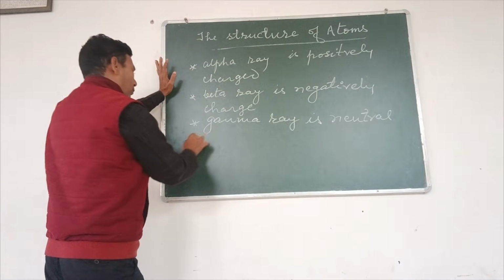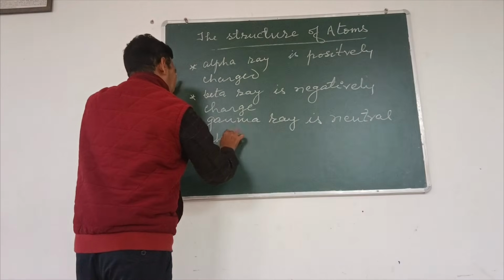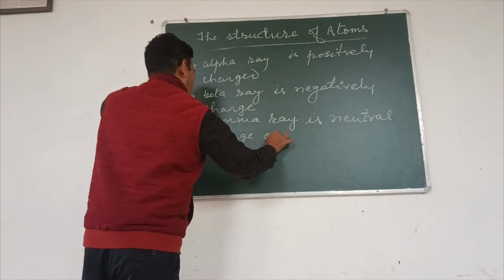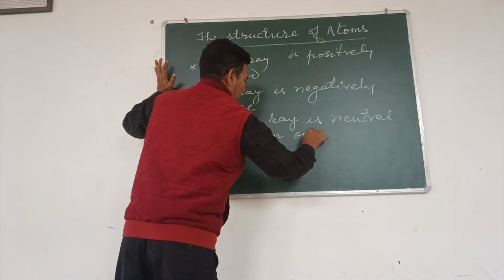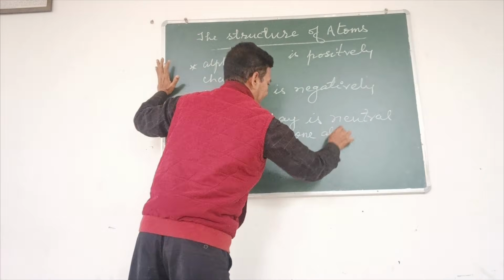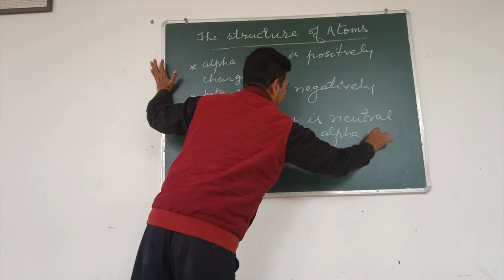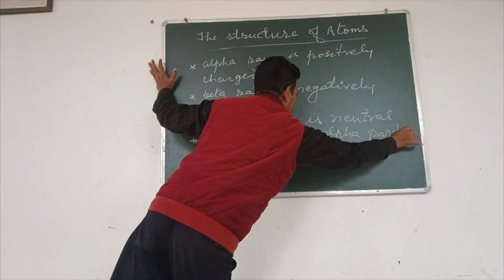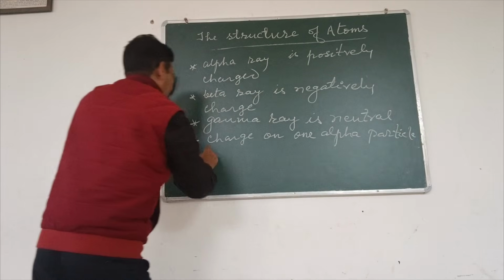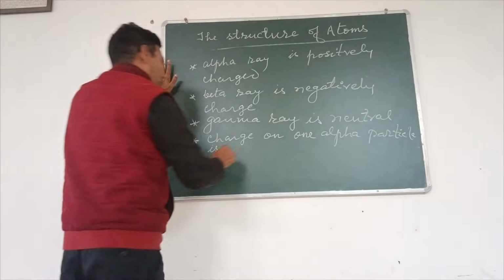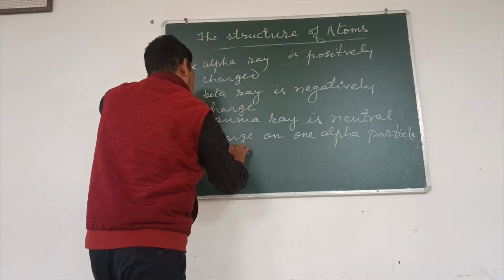The charge on one alpha particle is 2 unit positive charge.